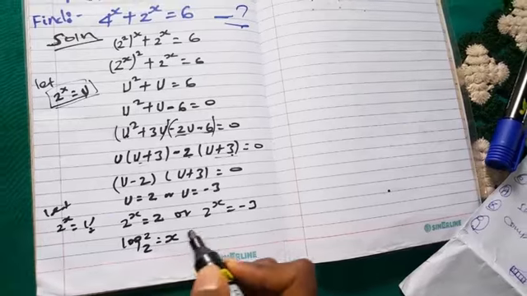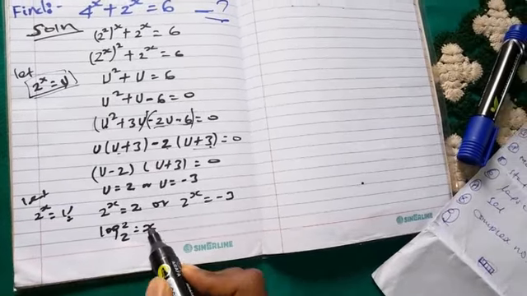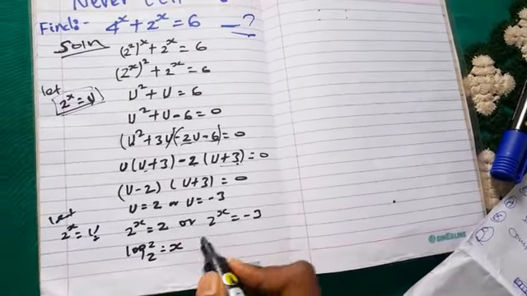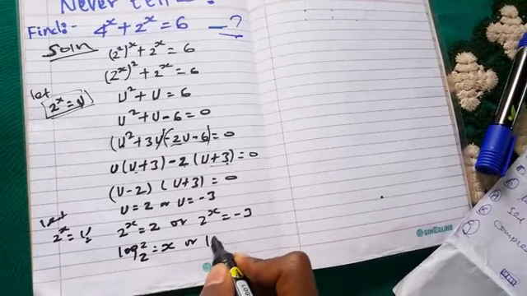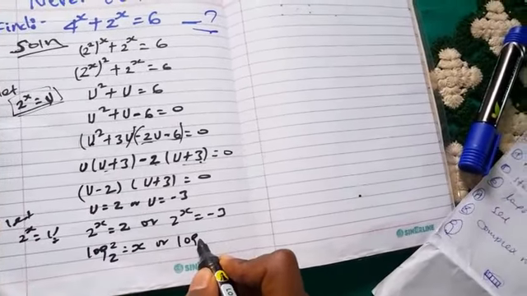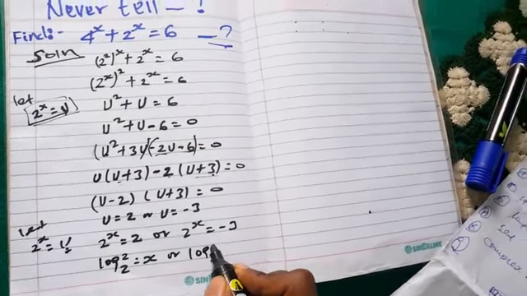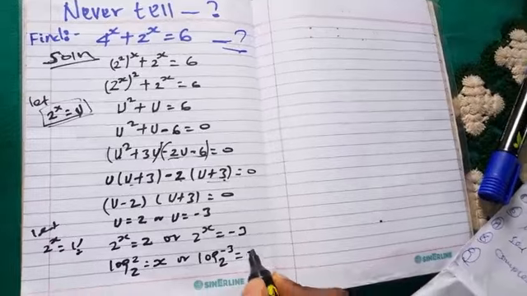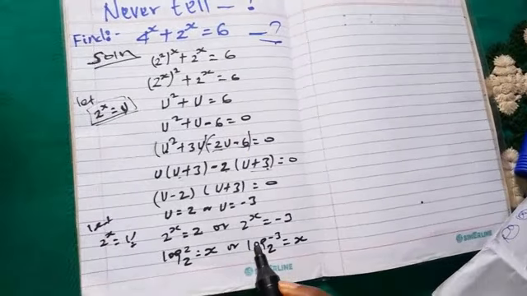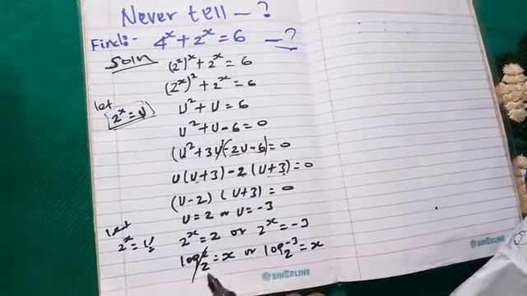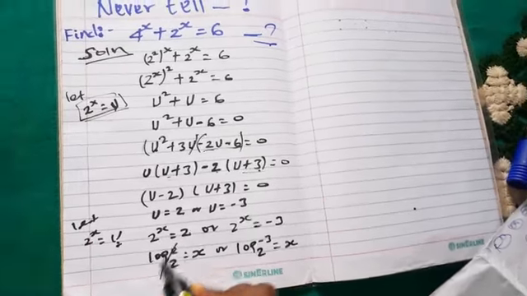Or log base 2 of minus 3 is equal to x. Log base 2 of 2 becomes 1, they cancel each other.